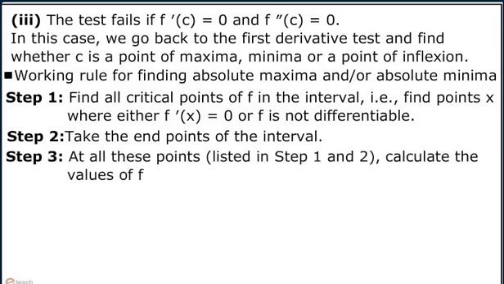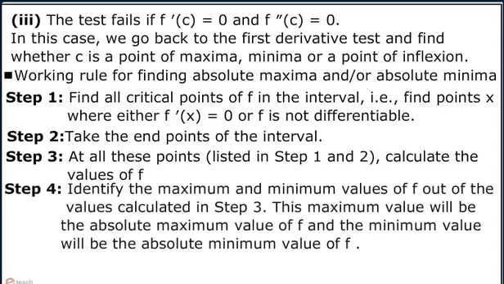Step 3: at all these points listed in step 1 and step 2, calculate the values of f. Step 4: identify the maximum and minimum values of f out of the values calculated in step 3. This maximum value will be the absolute maximum value of f and the minimum value will be the absolute minimum value of f.